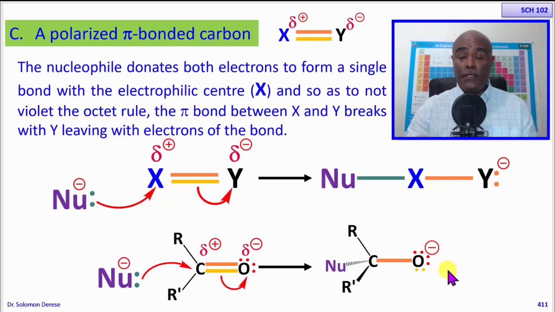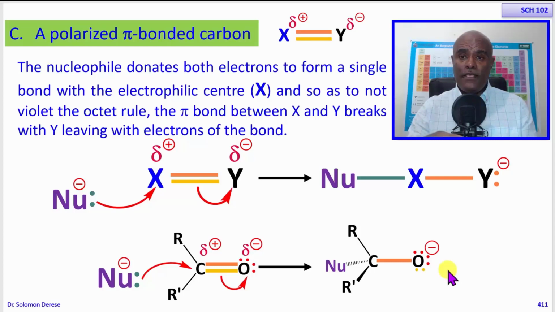But if you have a neutral molecule with a polarized bond, when the nucleophile attacks the electrophilic center, a bond has to break. If the electrophile is involved in only a single bond, when the nucleophile attacks the electrophile, that single bond breaks, with the atom that's leaving going away with the electrons of the bond.